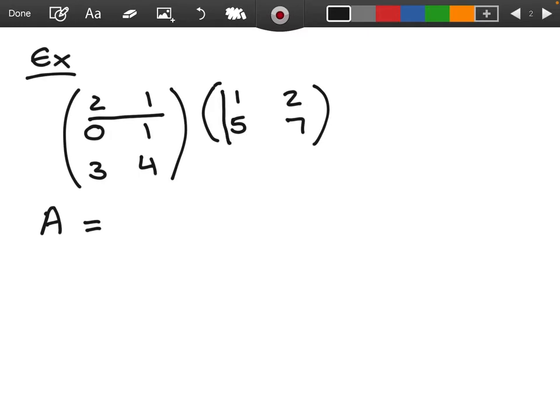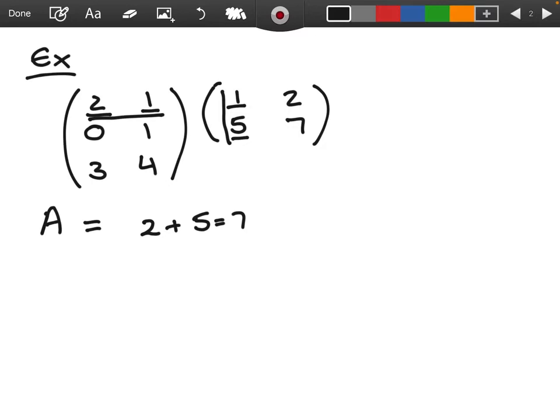If I go ahead in my matrix, I'm going to multiply my first row by my first column. I'm going to take the dot product of these two. So I get 2 multiplied by 1 plus 1 multiplied by 5. So that's 2 plus 5, which is 7.